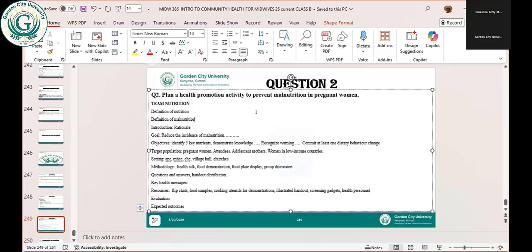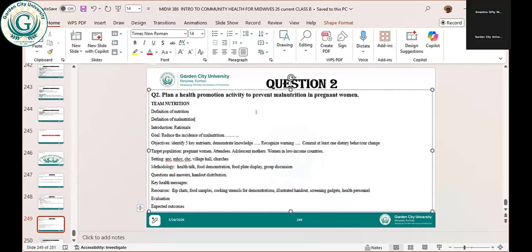Now your goal is to reduce the incidence of malnutrition. So if you want people to reduce the incidence of malnutrition and you say they should identify 5 key nutrients, what has that got to do with the reduction of incidence of malnutrition? Demonstrate knowledge, yes.